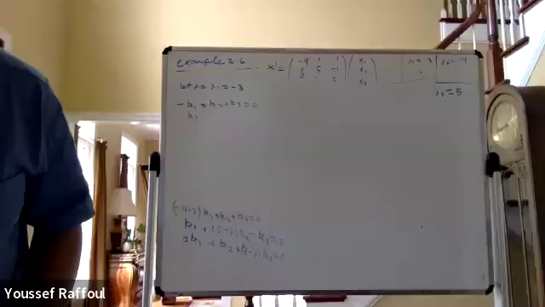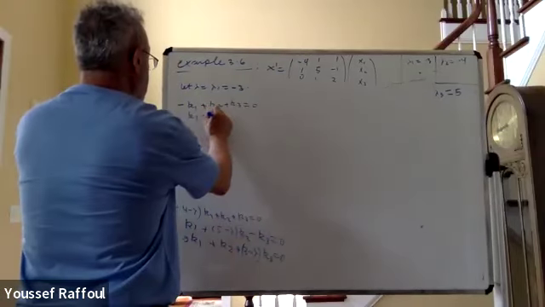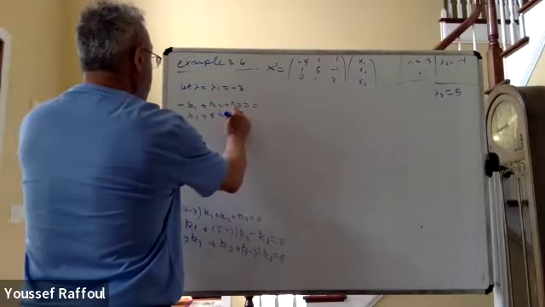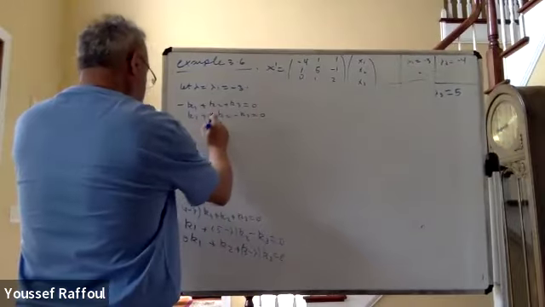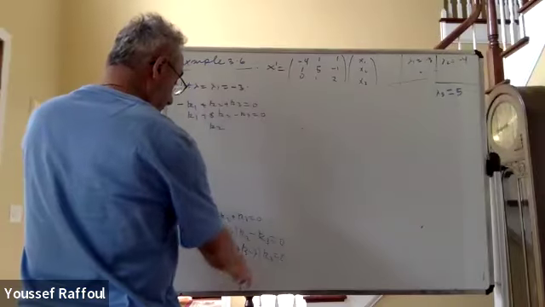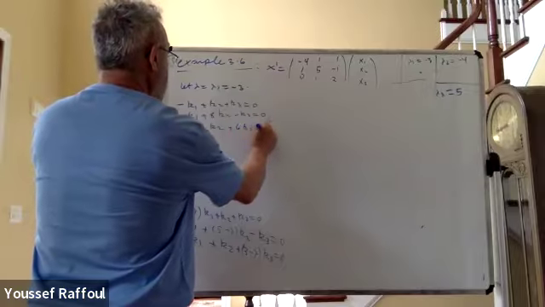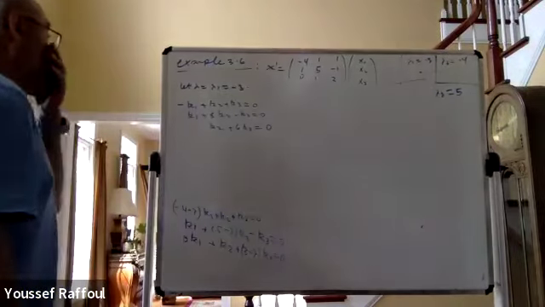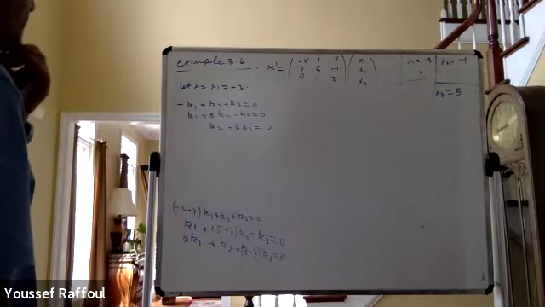Correct? So it will be 5 plus 3, which is 8 K2 minus K3 equals 0. And I have K2 plus 6K3 equals 0. Okay?